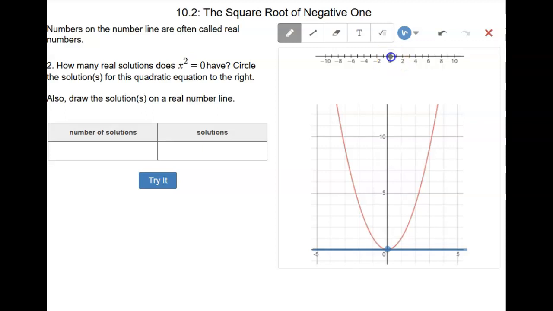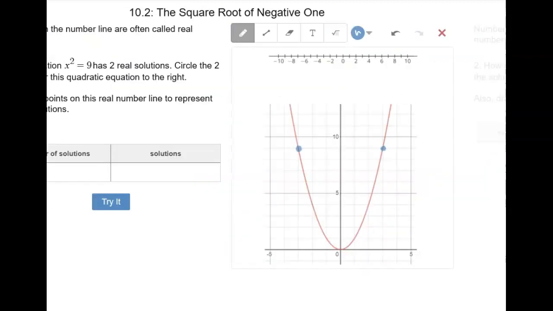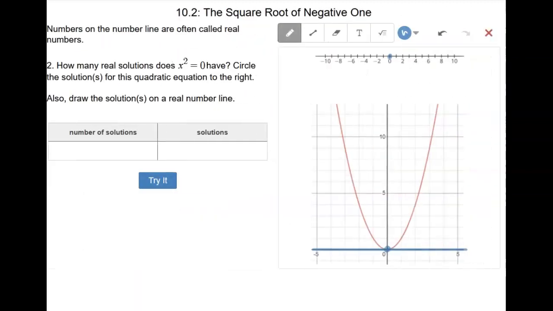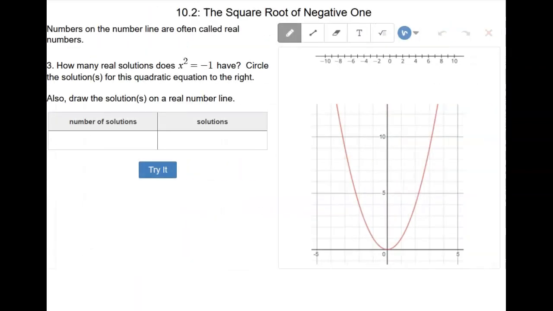Okay, so we're also going to draw this on the number line up here. And I'm going to back up the page because I did not do that over here. So this is -3 and +3. Okay, so then the next one we're going to look at is what happens if you have x squared equals -1?